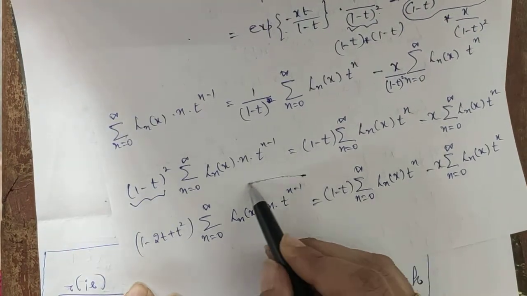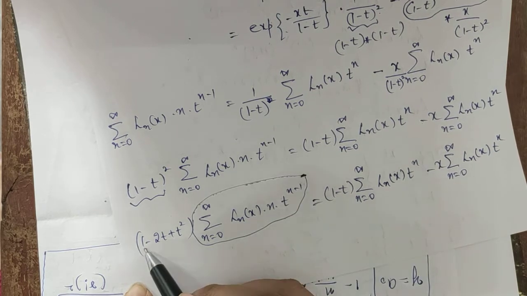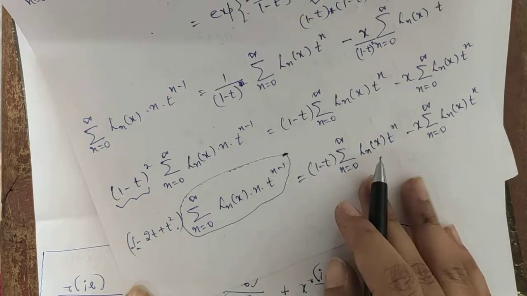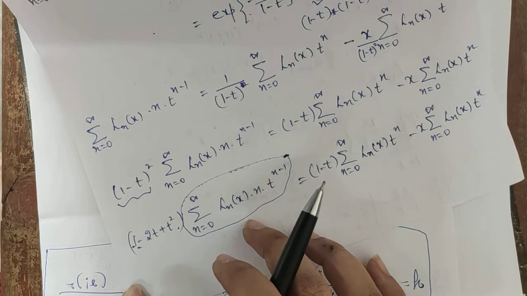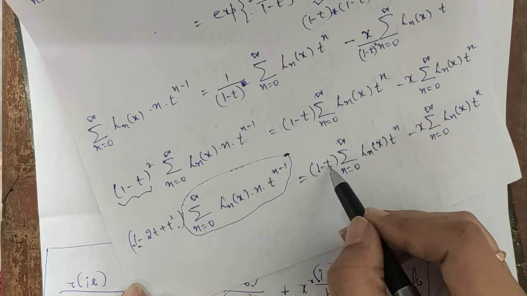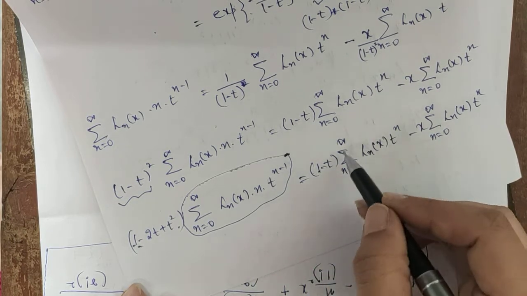Multiply this term with these three terms, you will get 3 terms on your LHS and 3 terms here. You can multiply 1 minus t here also.